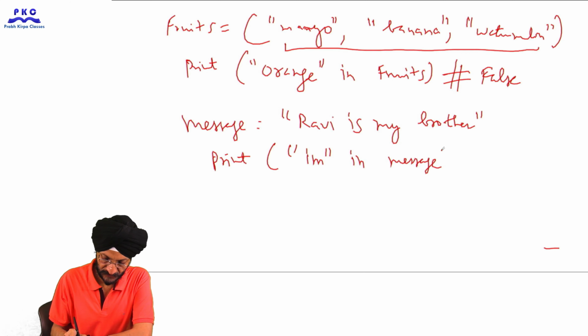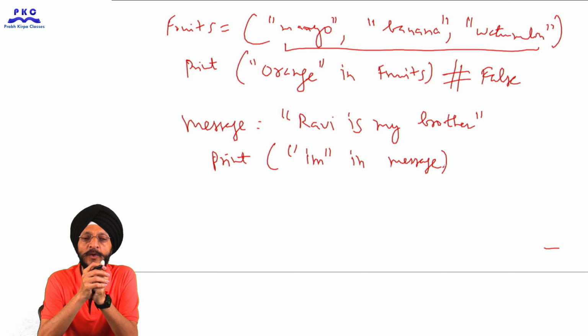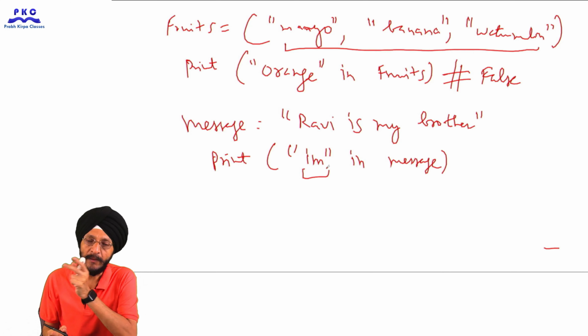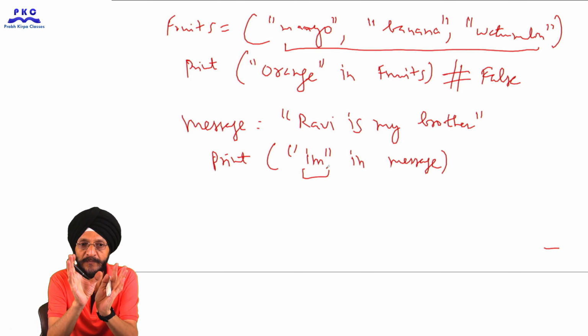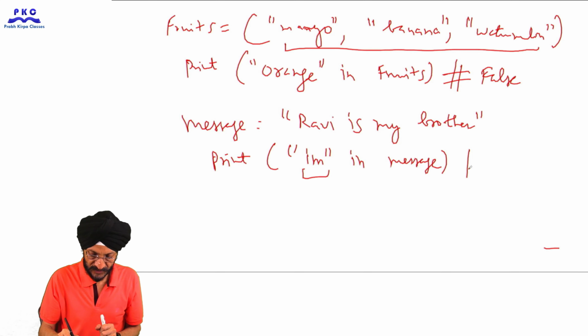It means we are using the print function and also the in operator to find out whether the substring "I am" is there in the message. What will be the output? The output will be false.